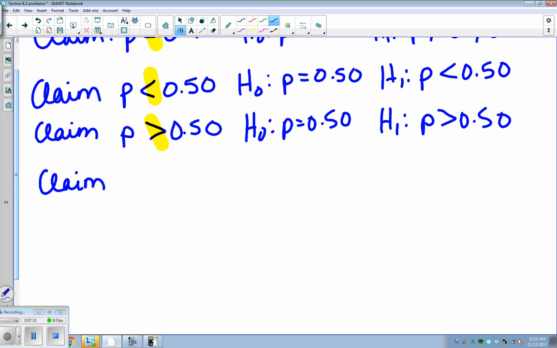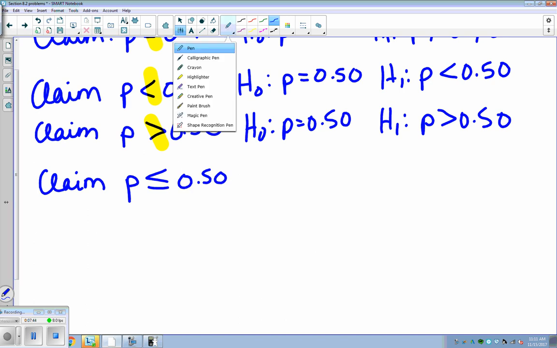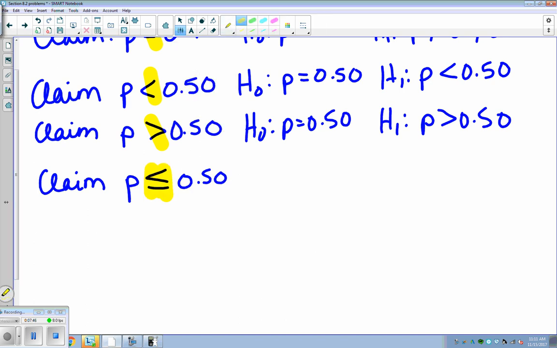So if my claim says the percentage or the proportion is less than or equal to 0.50, equality's there.